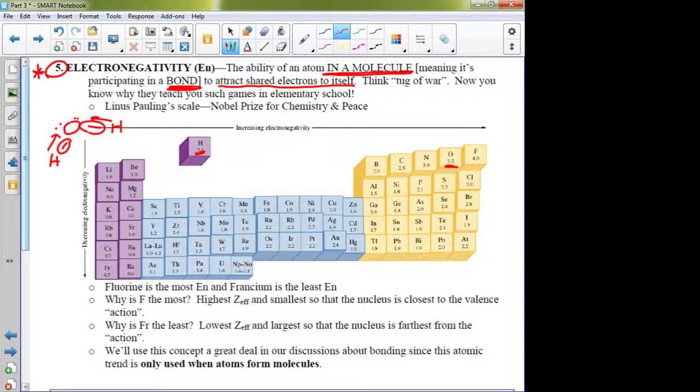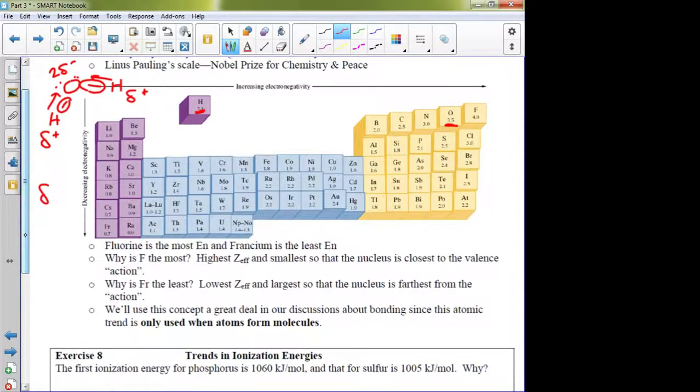That's why we say oxygen has a slight negative charge. Remember, this symbol just means slight; it's not a definite charge. And each hydrogen is slightly positive. We remember that from last year? Okay, so electronegativity is just the ability to pull more electrons to itself.